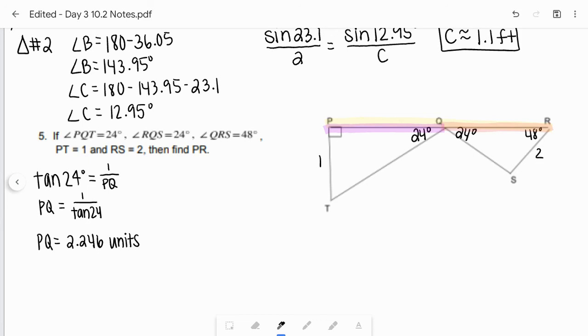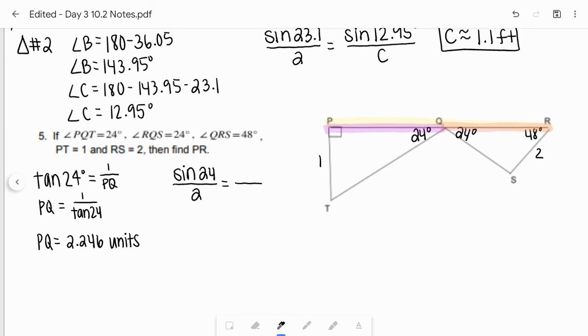Okay, so I know what PQ is. Now we're going to look to see if we can figure out what QR is. So I do have an angle and a side that are across from each other, so they are corresponding. So what I can do for this one is have sine 24 all over 2.